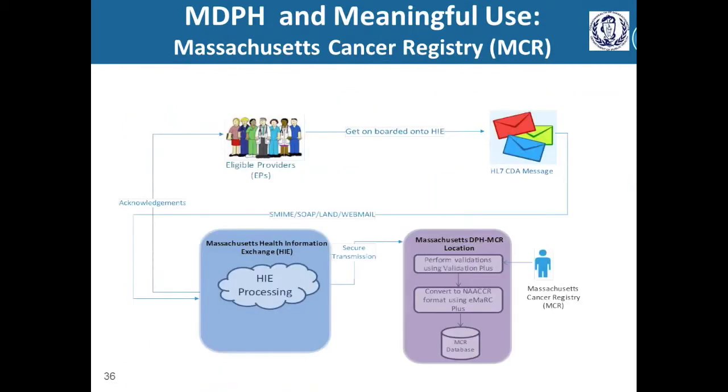And I believe the Cancer Registry is very excited about this because everything gets simplified. So you have your eligible providers who get onboarded onto the HIway. The data comes through the HIway pipe and to the appropriate place in the Cancer Registry, and there's minimal intervention. So in this instance, certainly the HIway offers a solution that wasn't there before.